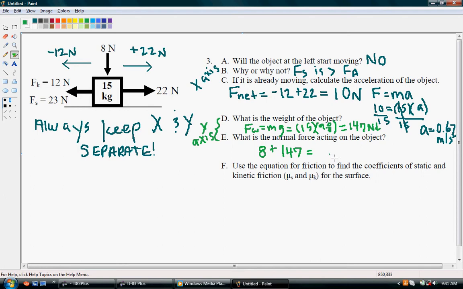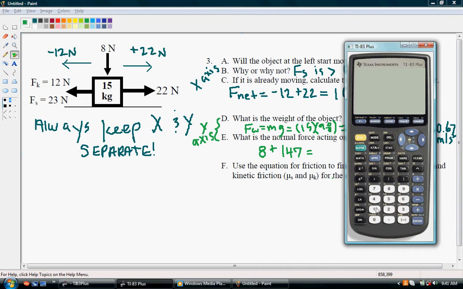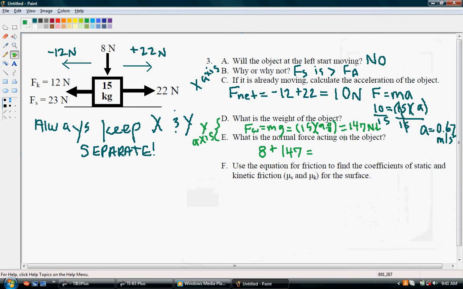No. So the force of weight doesn't change, but the number we're going to see, the force that the ground has to apply back up to keep you on the surface, is going to be greater. So 147 plus 8 is 155. So the normal force is actually 155 newtons for this object.